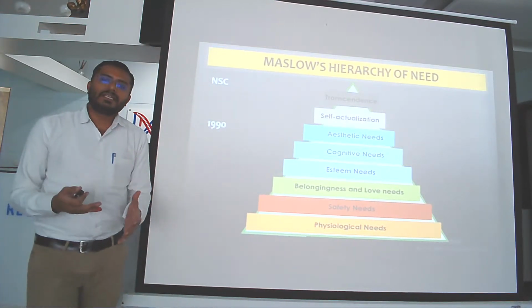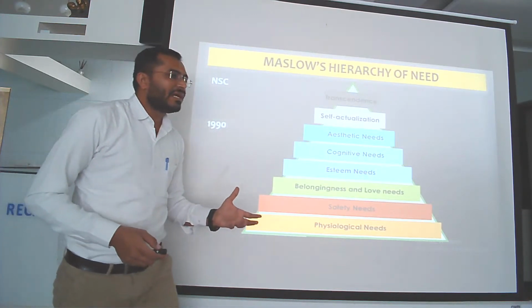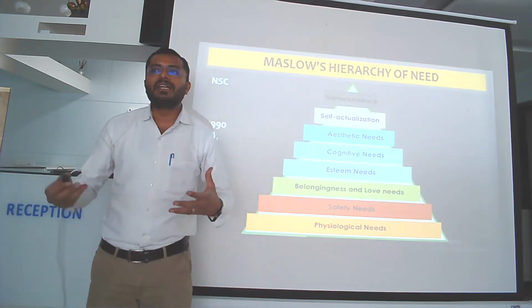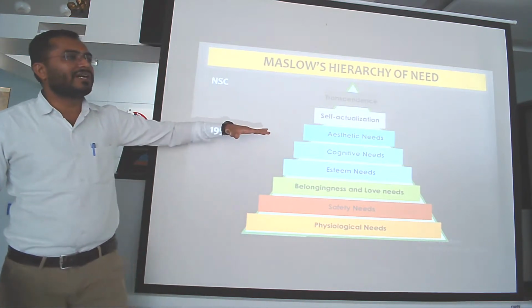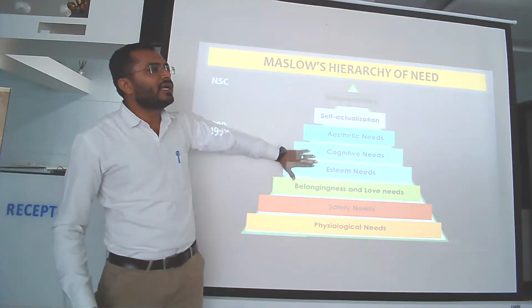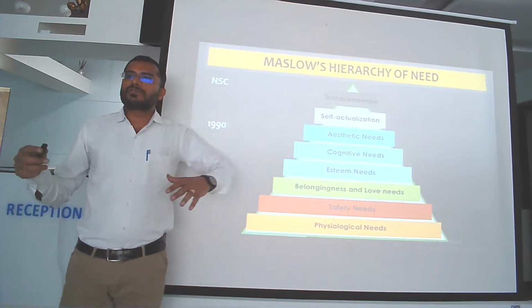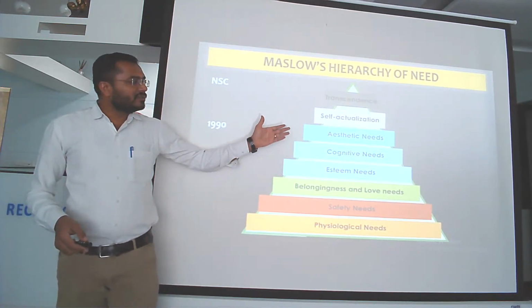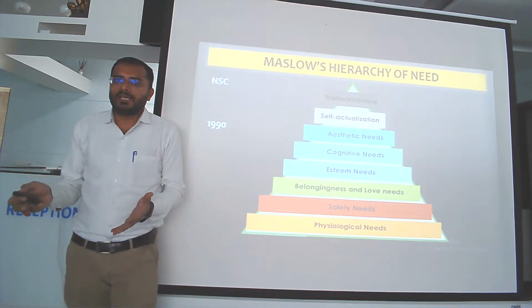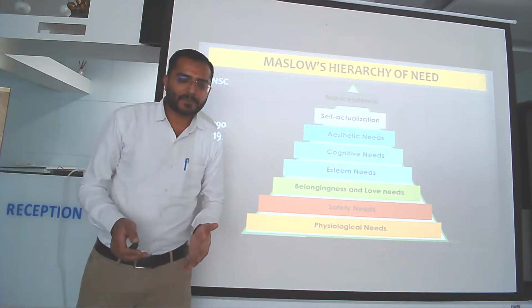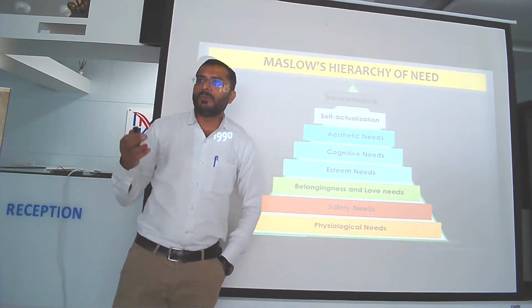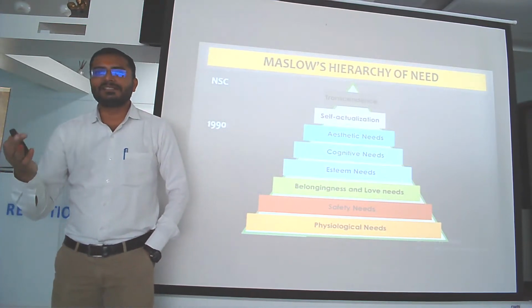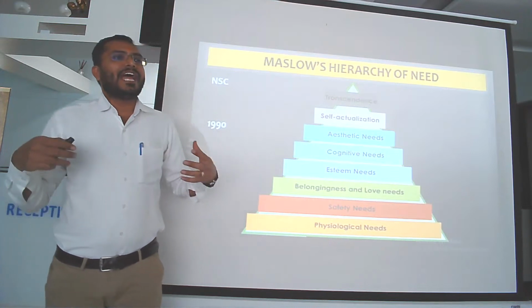In an aesthetic need, they are more concerned about appreciation, their beauty and the looks. So in that case, we have an aesthetic need. It is again a part of esteem needs. Most of the time, beauty is associated with a certain remedy. Say for example, Palladium. Palladium has a sensitivity.